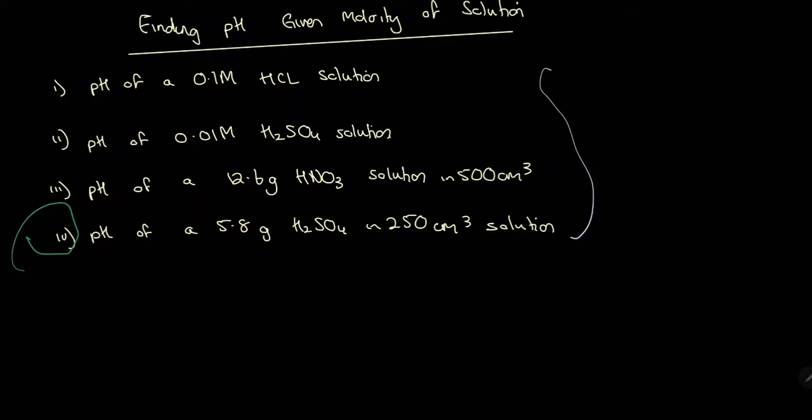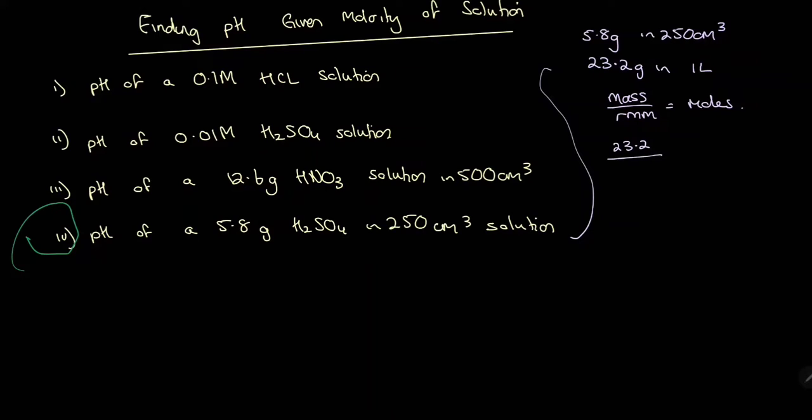Okay, so again we have mass, so we're going to go 5.8 grams in 250 centimetres cubed solution. Again, we have to bring that up to a litre, so this time we're going to multiply it by 4, and we're going to get 23.2 grams in 1 litre. Again, using our formula, mass over relative molecular mass equals the number of moles.